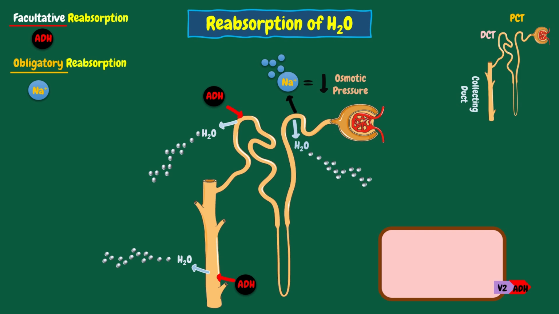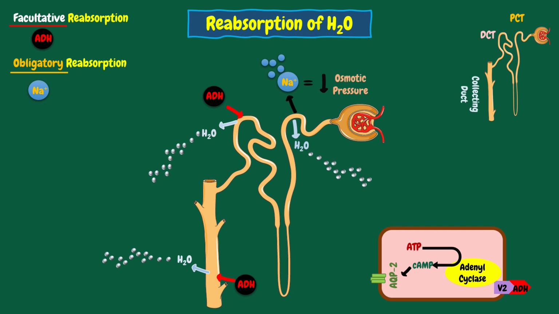Antidiuretic hormone combines with vasopressin receptors in the tubular epithelial membrane and activates adenyl cyclase to form cyclic AMP. This cyclic AMP activates the aquaporins, which increase the water reabsorption.